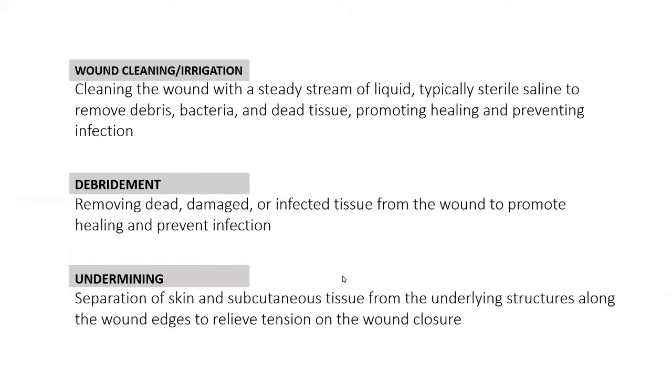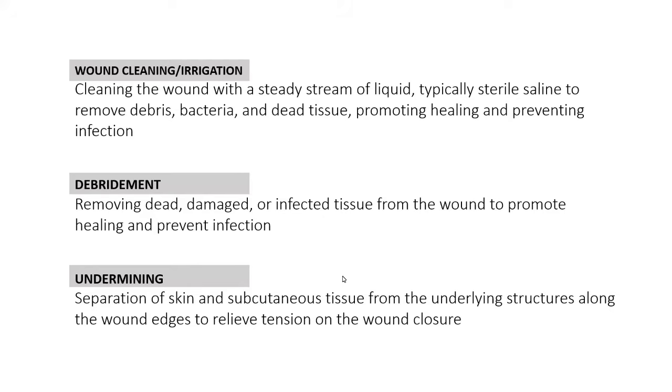Removing the debris and dead tissue using a steady flow of saline is wound cleaning or wound irrigation. What is debridement? Scraping off or removing the dead, damaged, or infected tissue from the wound will definitely help promote healing and also prevent infection.